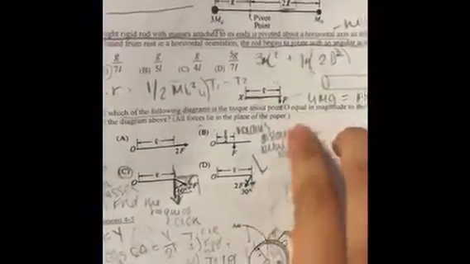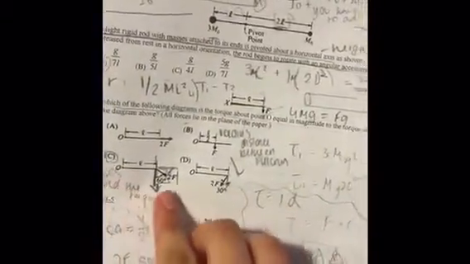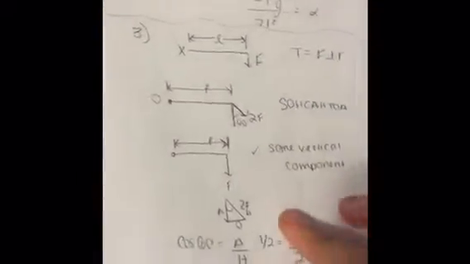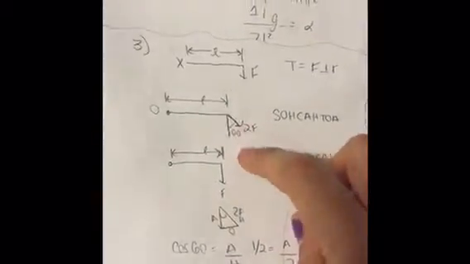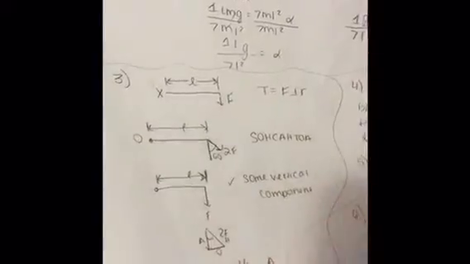So if you take C and solve for that downward component force, you're going to get that it equals 1, because it's angled at 60 degrees. So you'd have SOHCAHTOA.